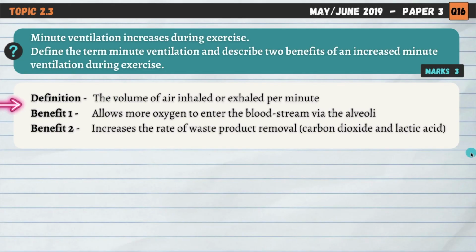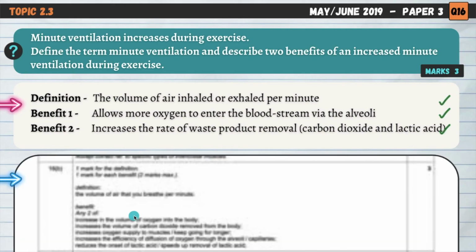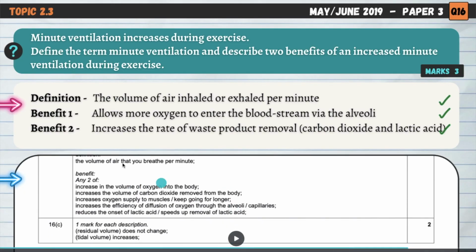So mark scheme, let's have a quick look. What do we have? Any of these 2 benefits. So it increases the volume of oxygen into the body, which I have mentioned here with my first point. It increases the volume of carbon dioxide removed from the body, which I mentioned here.